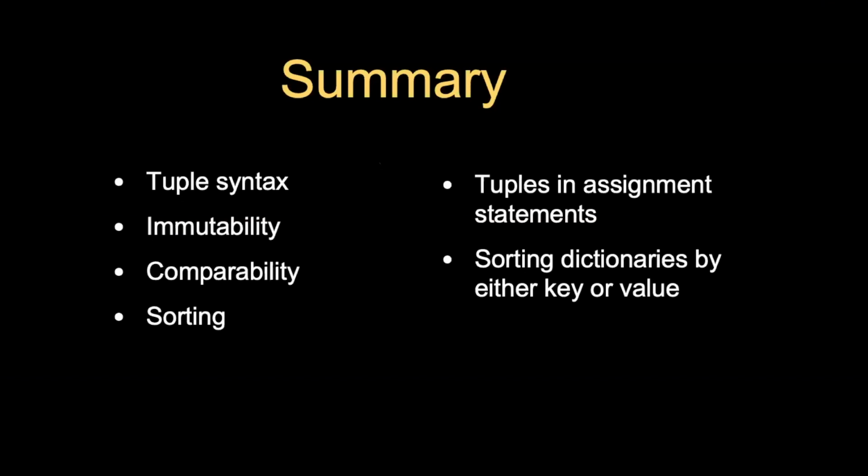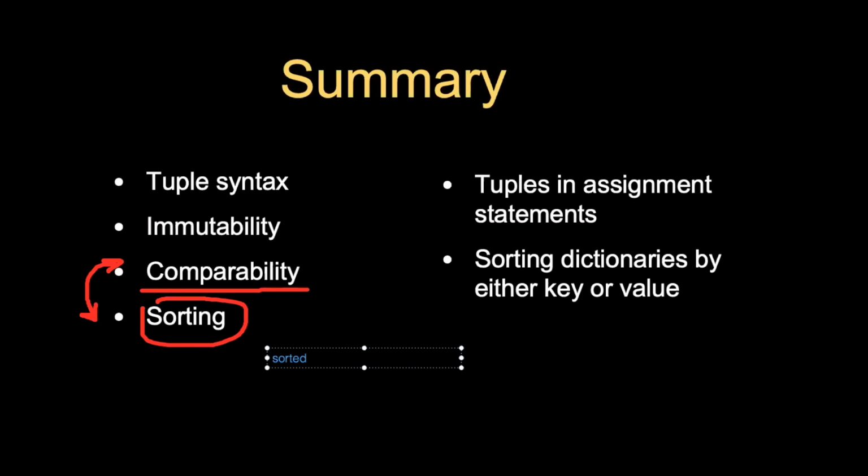Given that, you can then sort, because sorting itself makes use of the comparability of your elements inside the tuple. But because you already have this thing called the sorted function available in the Python runtime, you don't have to write it again. Okay, so sorted is available for tuple instances.